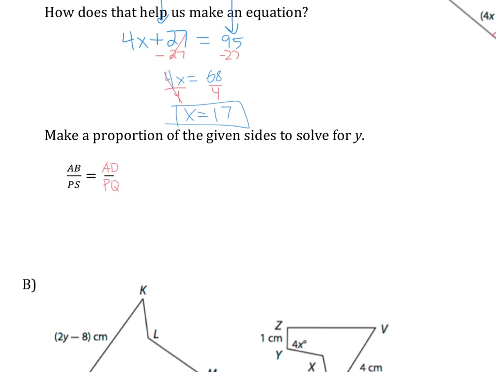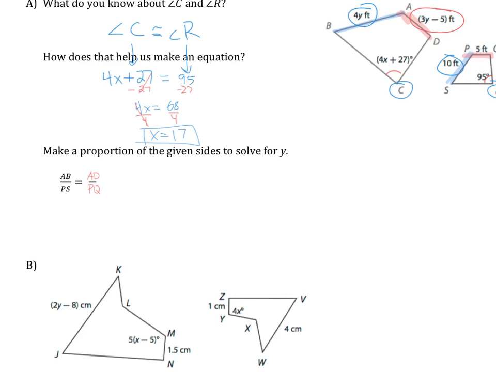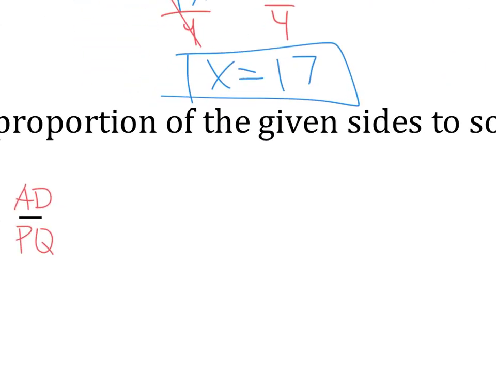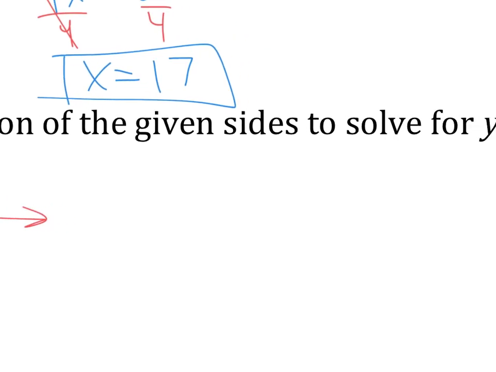Now that we have a proportion set up, we can simply put in our values for AB, PS, AD, and PQ. So that's going to lead us to having 4y over 10 equals 3y minus 5 over 5.